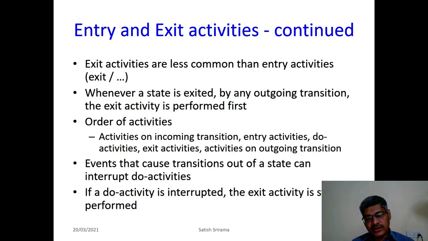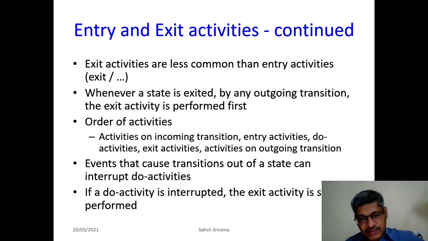The events that cause transitions out of a state can interrupt these do activities. So while the do activity is happening, some event may happen which causes a transition out of the state, and the do activity will stop in the middle.